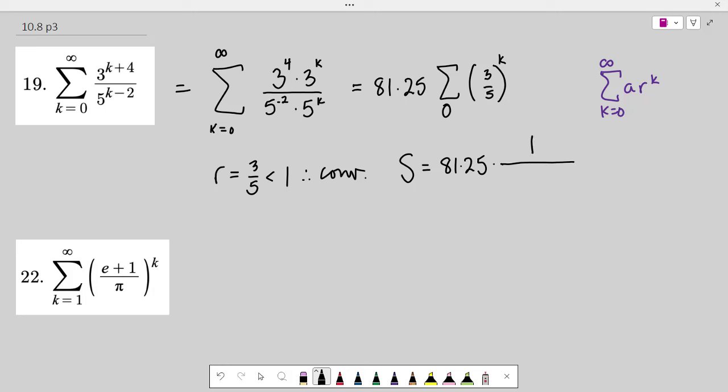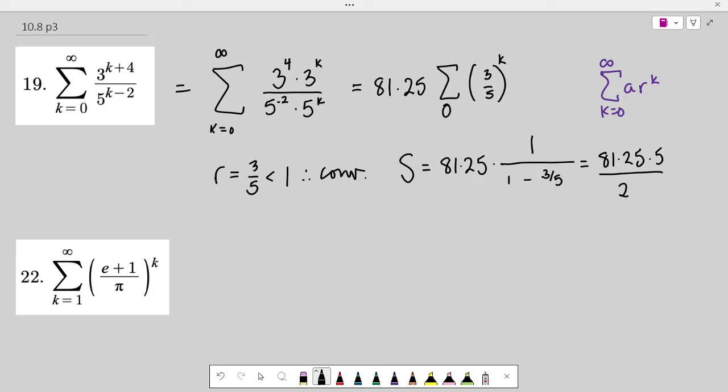Plug in your initial value, 0. So a will be 1, divided by 1 minus the ratio. The ratio is 3/5. So this is going to be 5/5 minus 3/5, which is 2/5, and you flip it and you get 5/2. So 81 times 25 times 5/2.